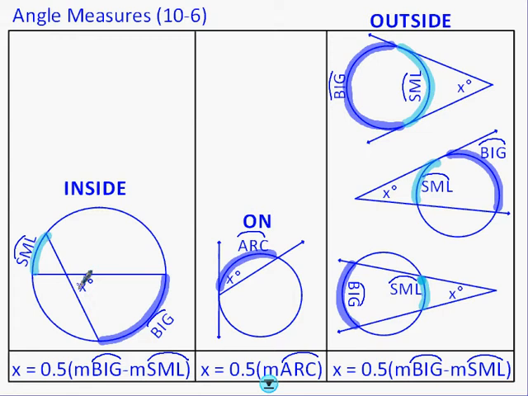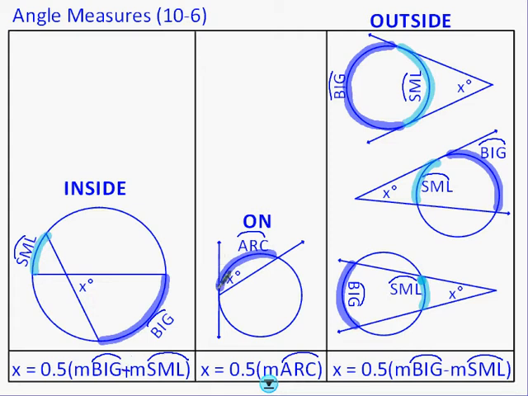In any case, one of the arcs that's intercepted is typically larger than the other. It is possible that they're exactly the same. But in any case, the x here in the middle is the average of those. That is to say that x is equal to 1/2 the measure of the big arc plus the measure of the small arc. You need to commit this to memory.